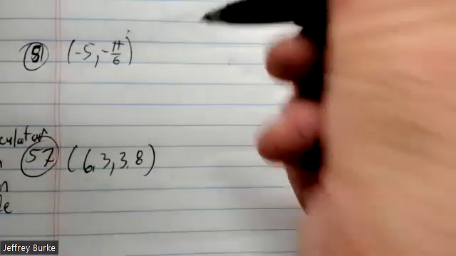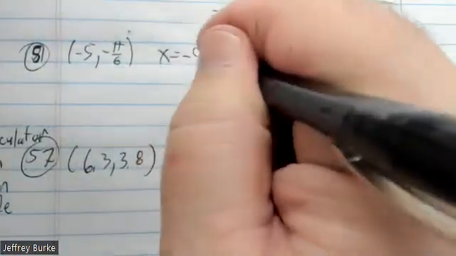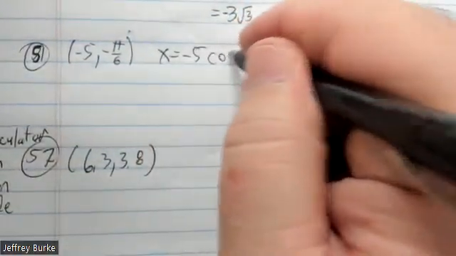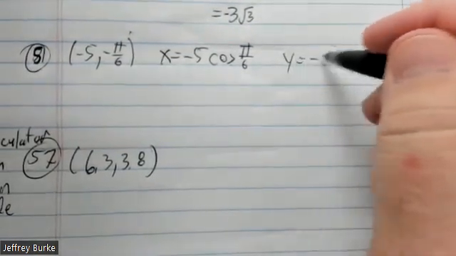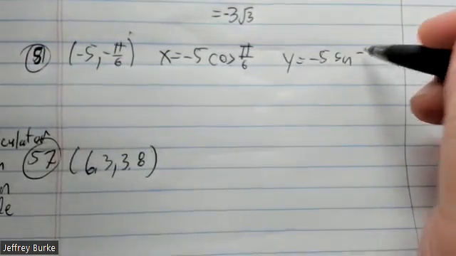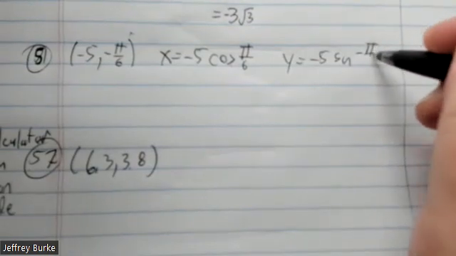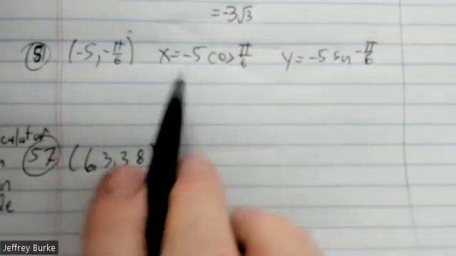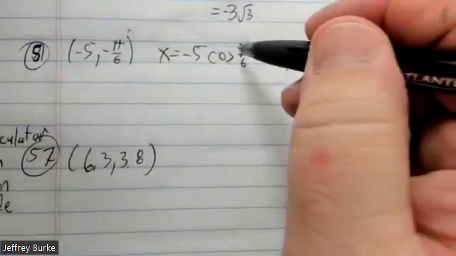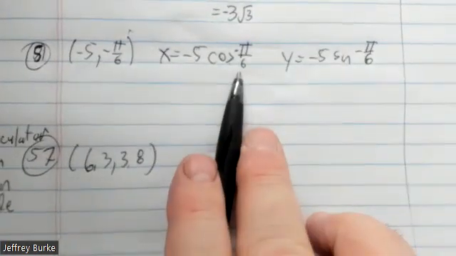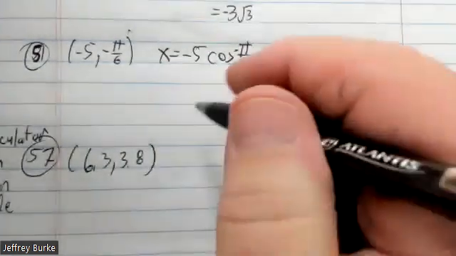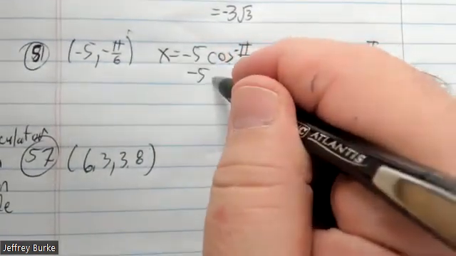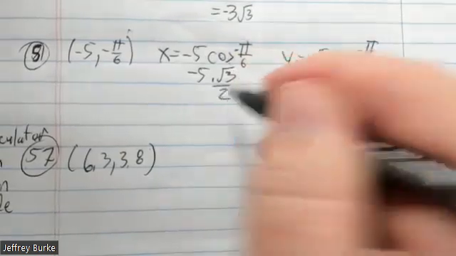Okay, take a look at this. X is gonna equal -5 times the cosine of -π/6. Y will equal -5 times the sine of -π/6. Well, the cosine of -π/6, that's the fourth quadrant, that's gonna be positive. And that's gonna be radical 3/2. So this will be -5 times radical 3/2.